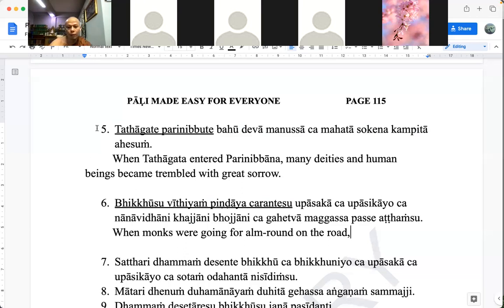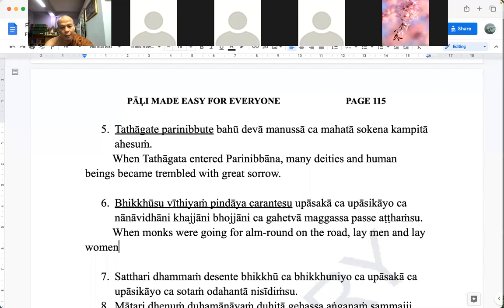And then in the remaining sentence, Ubasaka and the Ubasikayo, and then Atansu. So Ubasakaja, Ubasikayoja. So that is the subject, two subjects. So lay men and lay women. Okay.